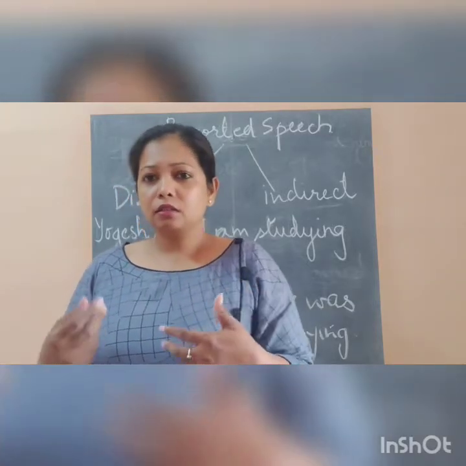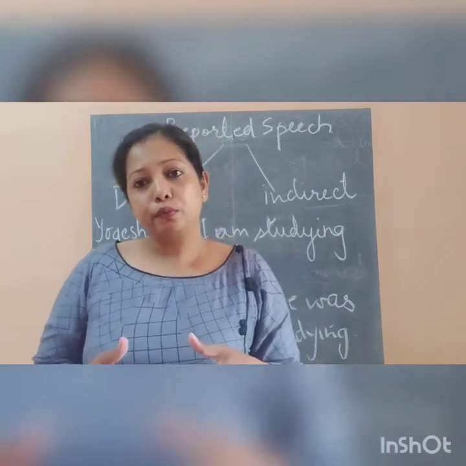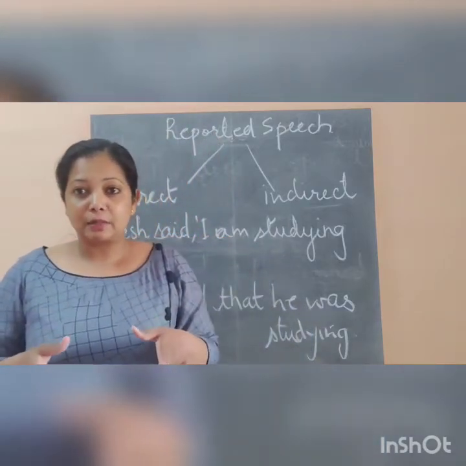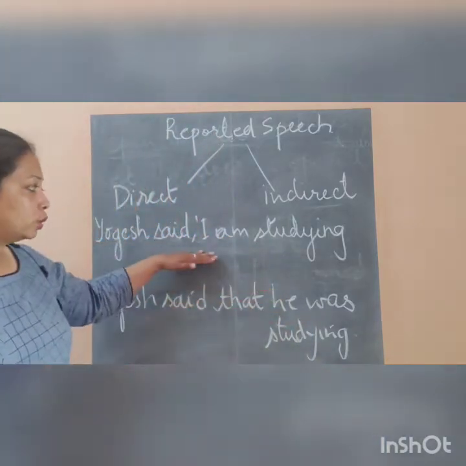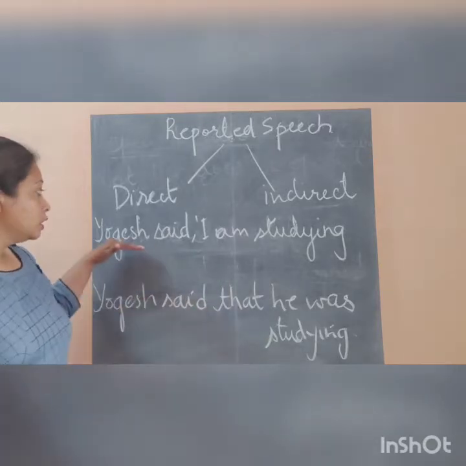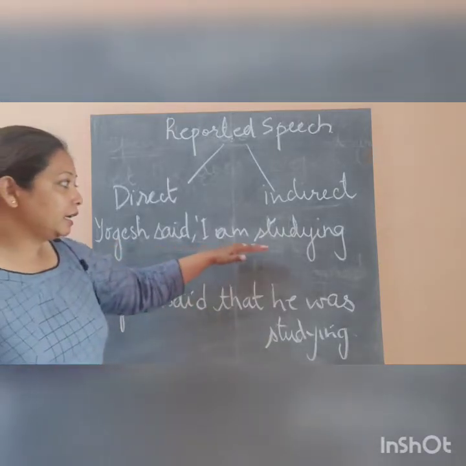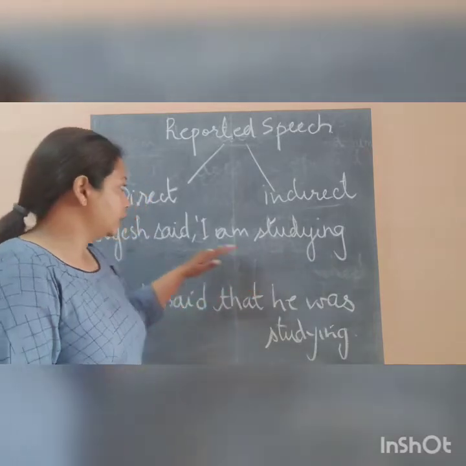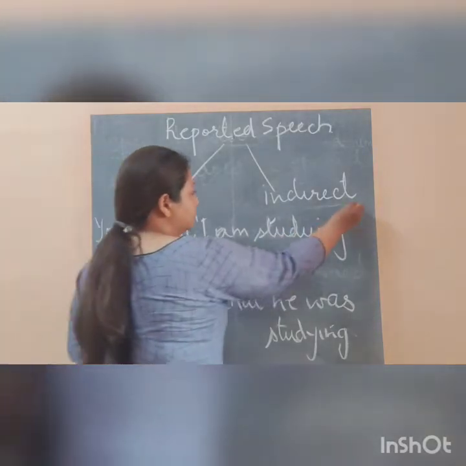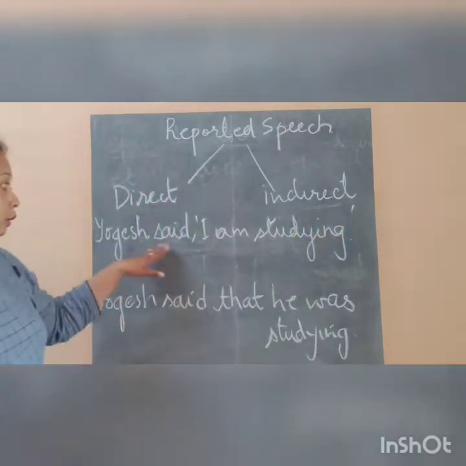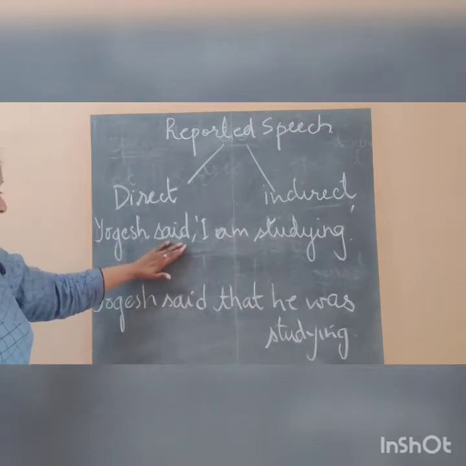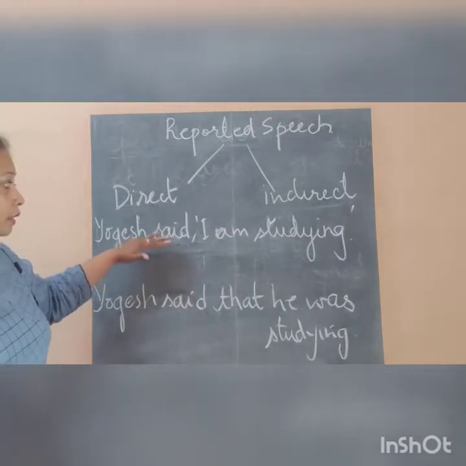So let's see just a quick example of what is direct speech, right? You can see I have written two examples here. Yogesh said, "I am studying." Now you can see here, Yogesh said something.